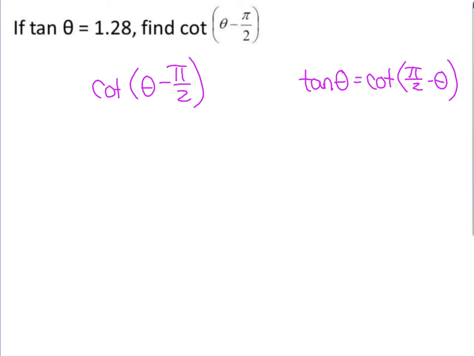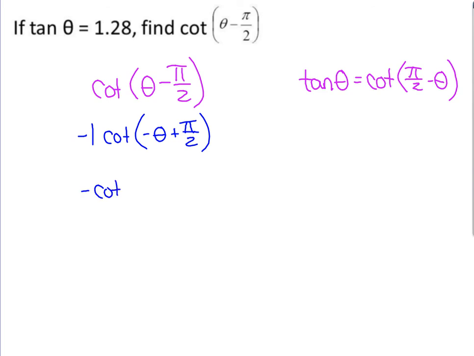Now the only way I can change these signs and rearrange them is if I factor out a negative 1 out of both pieces. So if I factor out a negative 1, theta divided by negative 1 gives me negative theta. Negative pi over 2 divided by negative 1 gives me a positive pi over 2. Since this is just addition and subtraction, you are allowed to rearrange the order.